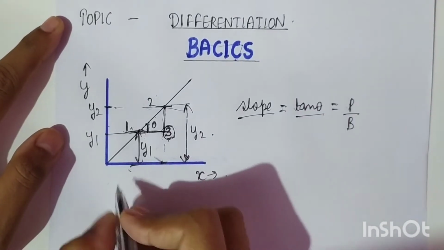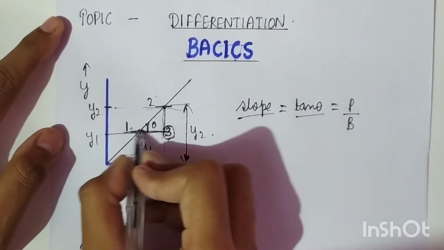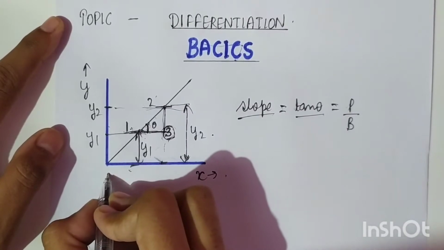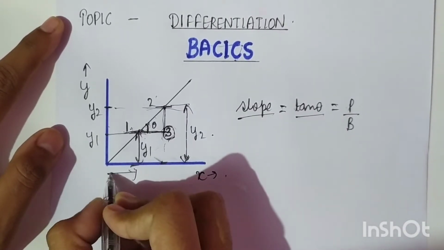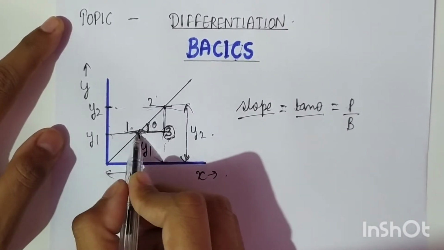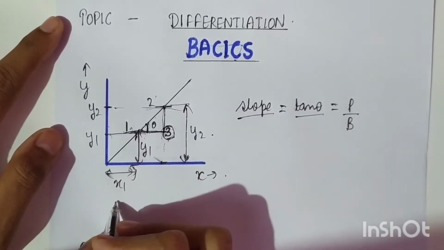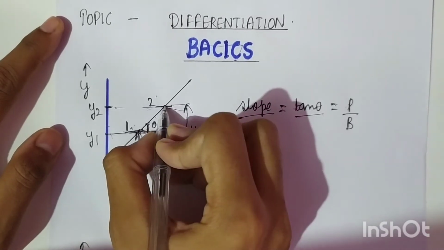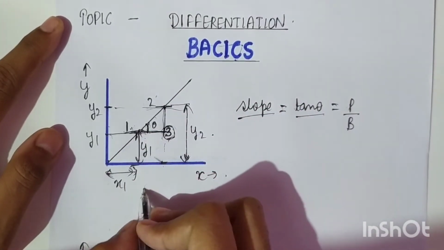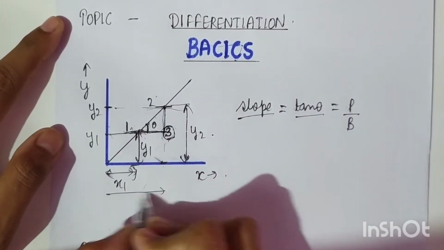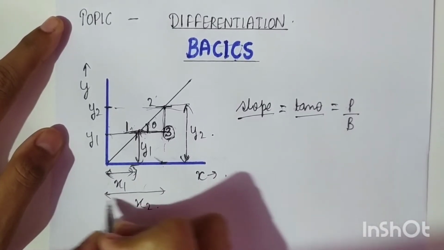The same way we can find these distances along the x-axis. Let us assume point 1 is at a distance of x1 from the origin, and point 2 is at a distance of x2 from the origin.